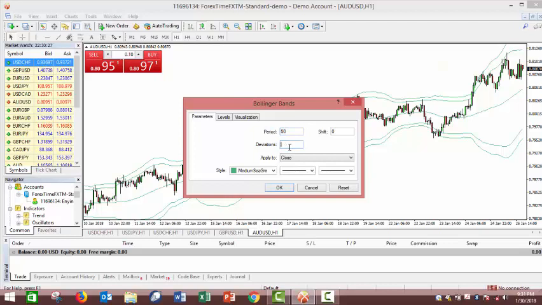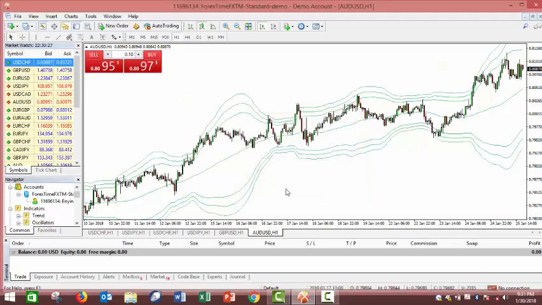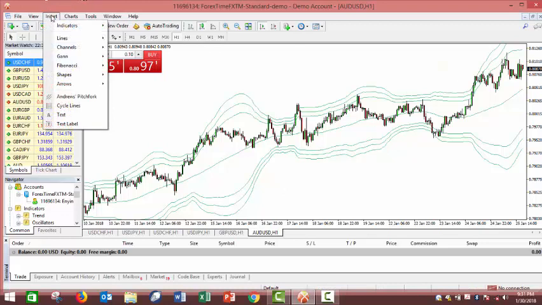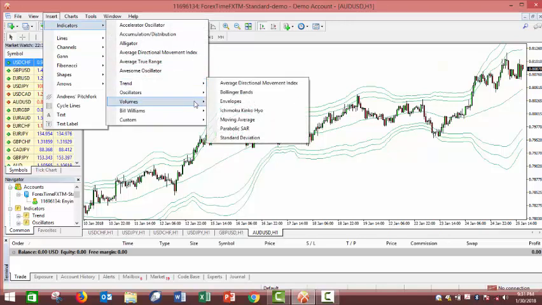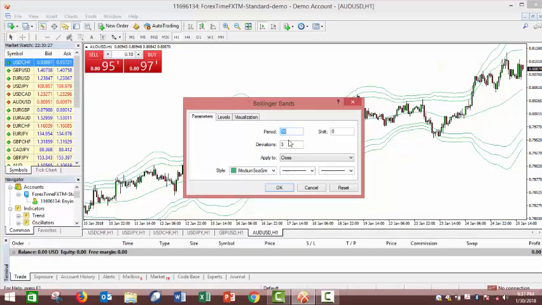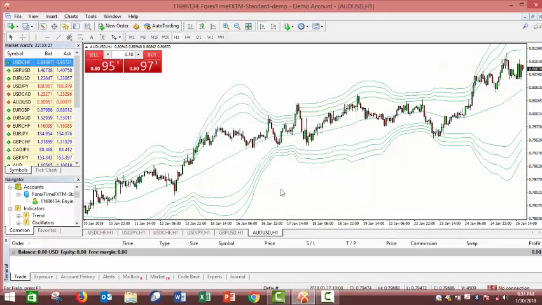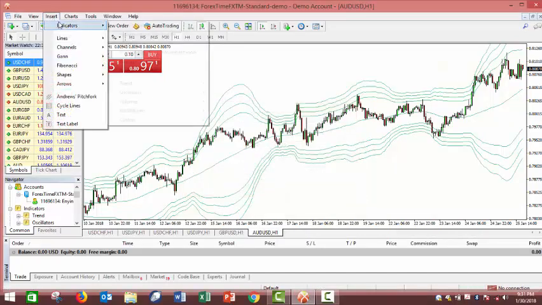This time around you use 3. We'll insert it again. Use 3.5, and lastly 4.